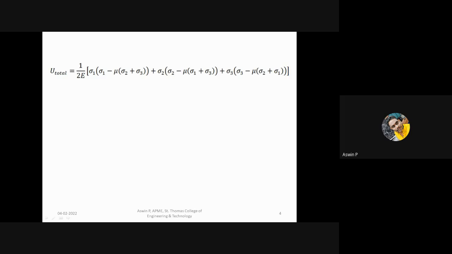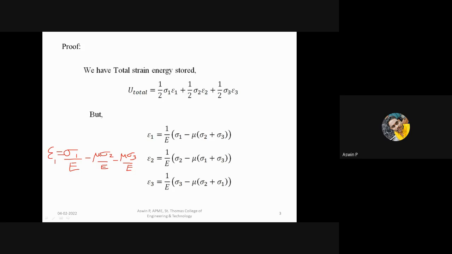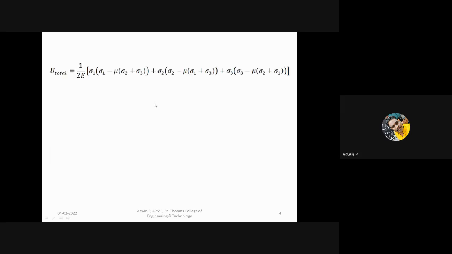Already there is 1 by 2, so that 1 by 2 as well as this E can be taken outside, and it becomes 1 by 2E into sigma 1 into sigma 1 minus mu into sigma 2 plus sigma 3. Similarly, this is sigma 2 and epsilon 2, and this is sigma 3 and epsilon 3.